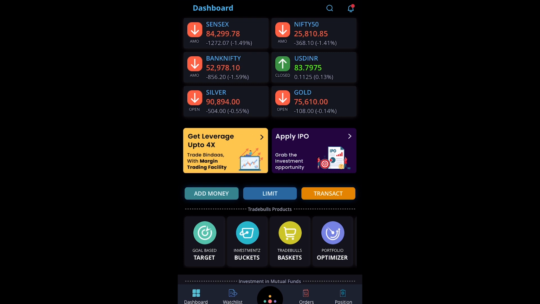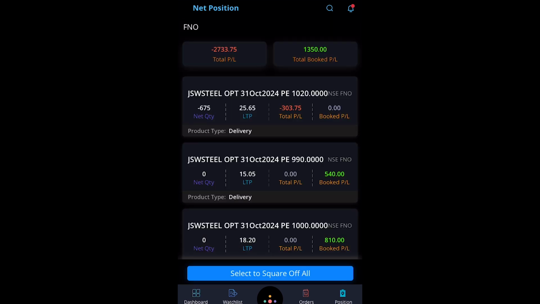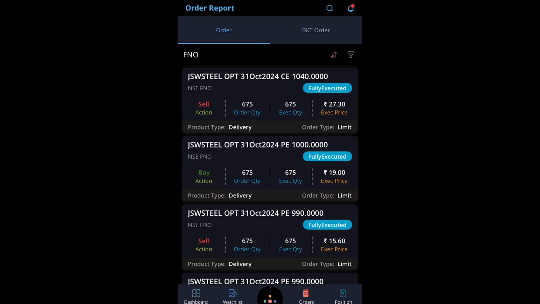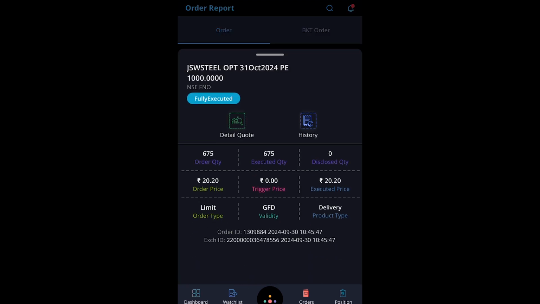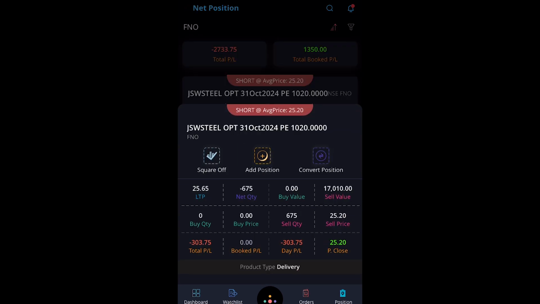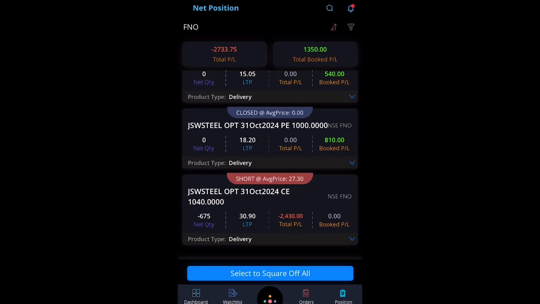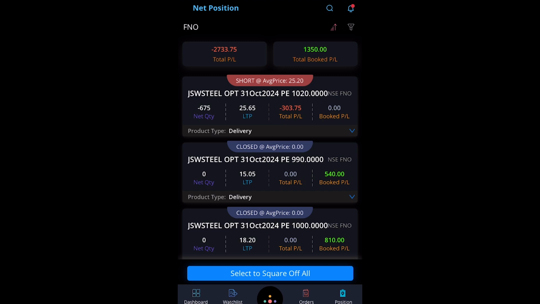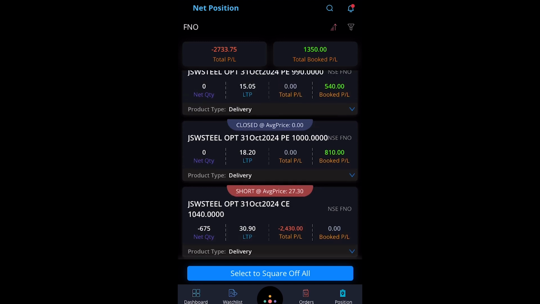If you see here, I initially tried to buy JSW Steel options, for the 31st of October expiry. So I bought a few options. If you see in the beginning here, I sold the 1040 call.